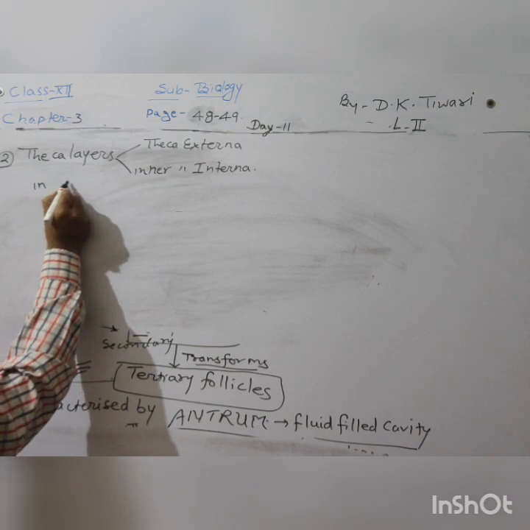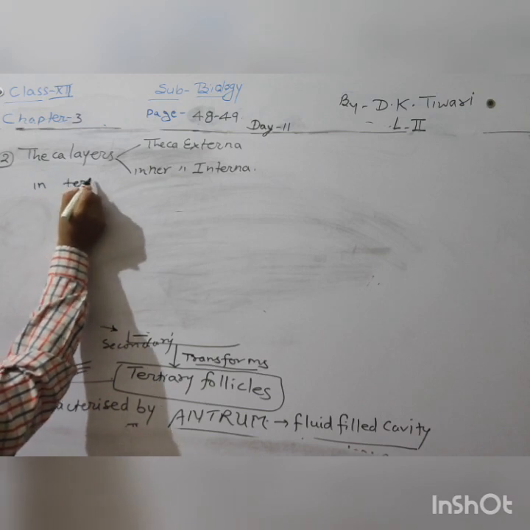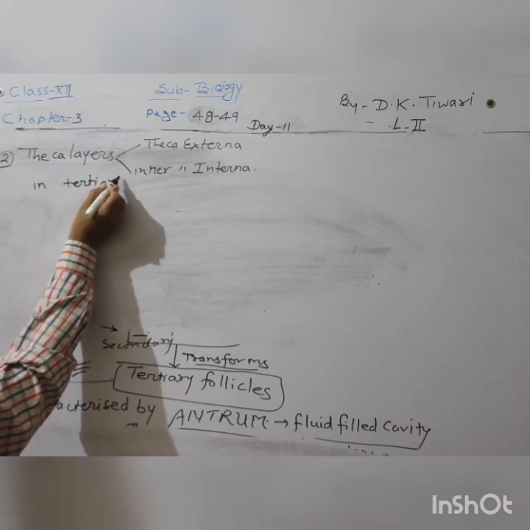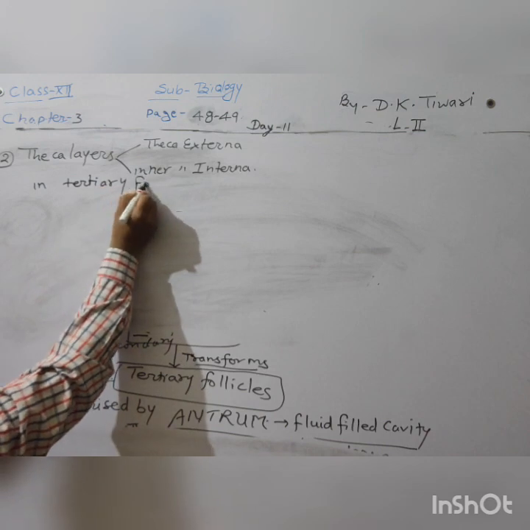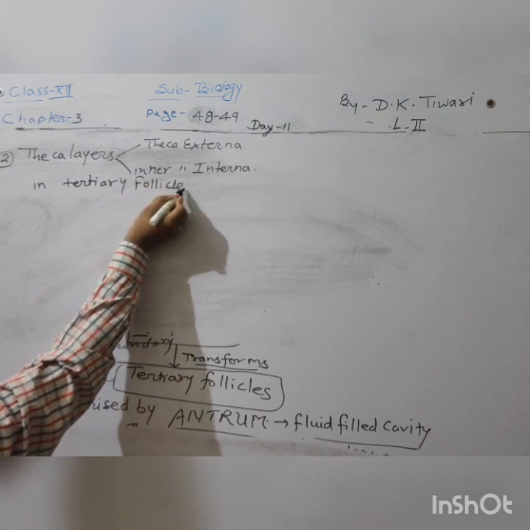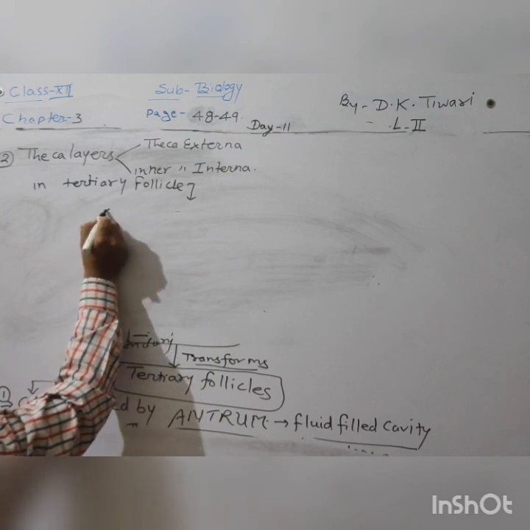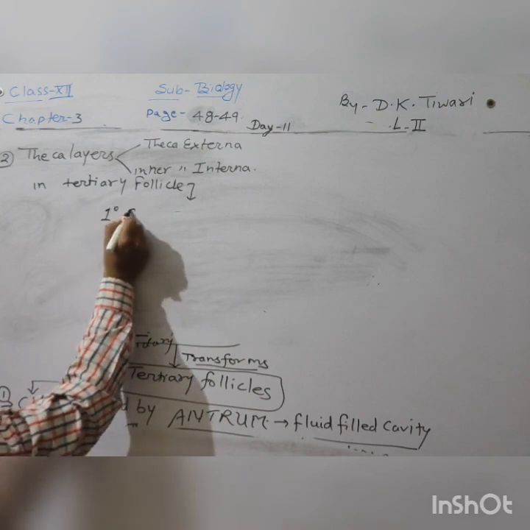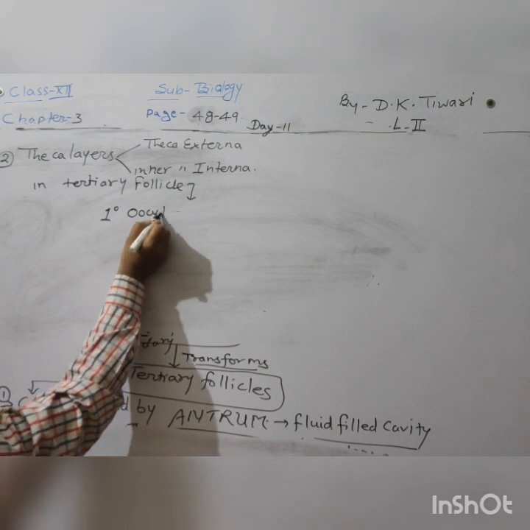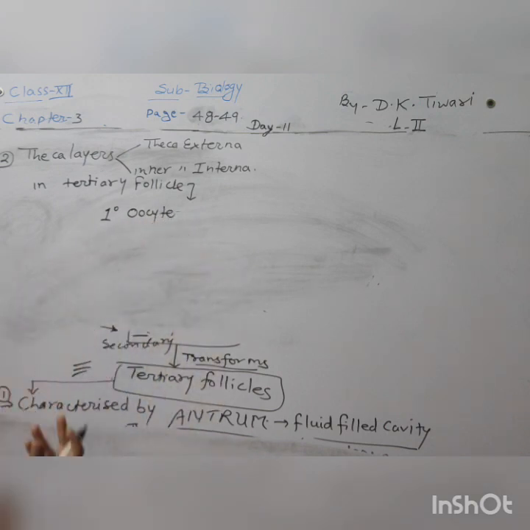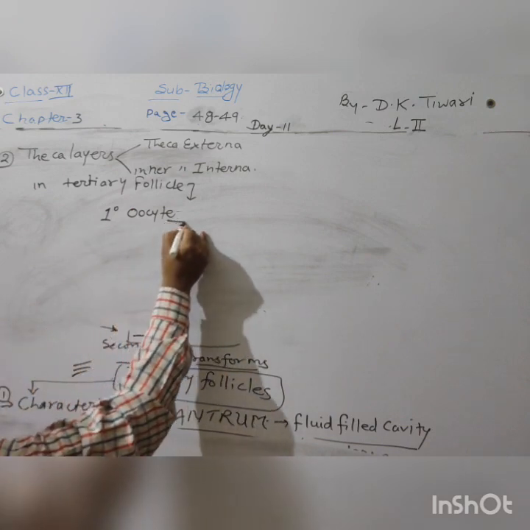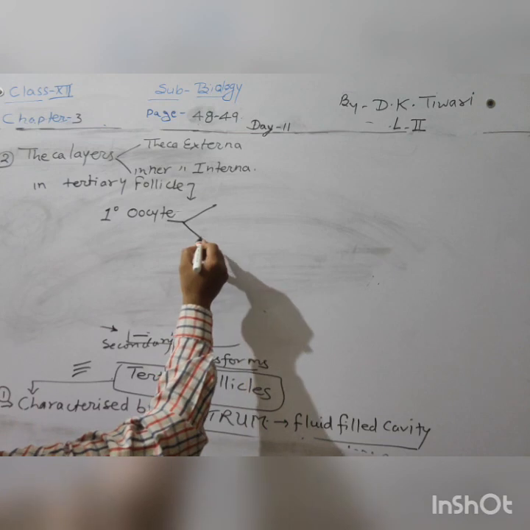So in the tertiary follicle, the primary oocyte will develop and grow, and it will show two events.